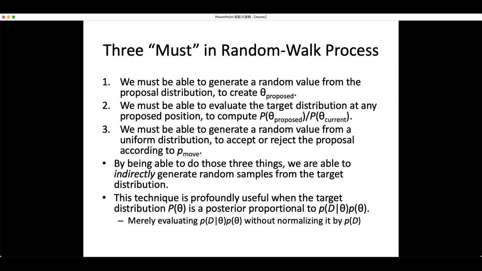Sorry, the third one is we must be able to evaluate the target distribution at any proposed position. In other words, in this example we want to compute P theta proposed divided by P theta current. This couldn't be any easier for this current example.